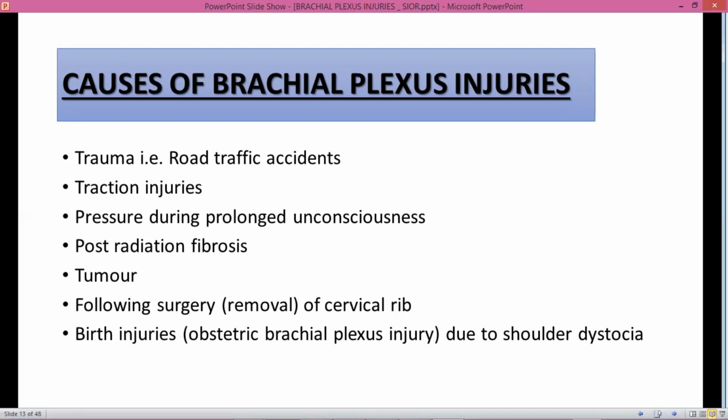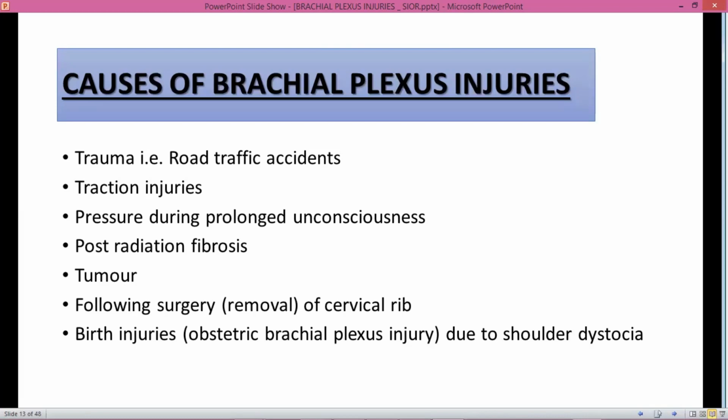There are patients who receive radiation therapy after breast cancer or cervical lymphoma, and brachial plexus injury is a long-term injury seen in these patients. It's not that immediately after radiation therapy the patient will develop a BPI; it is a residual effect that develops after a prolonged duration of exposure to radiation therapy.